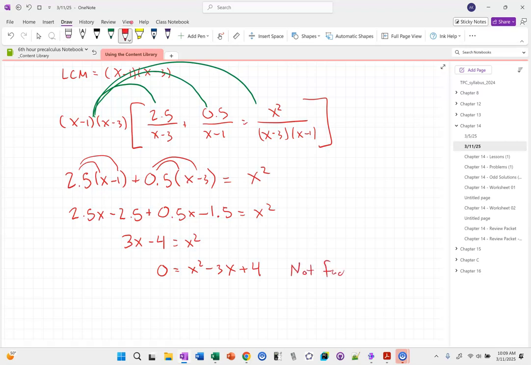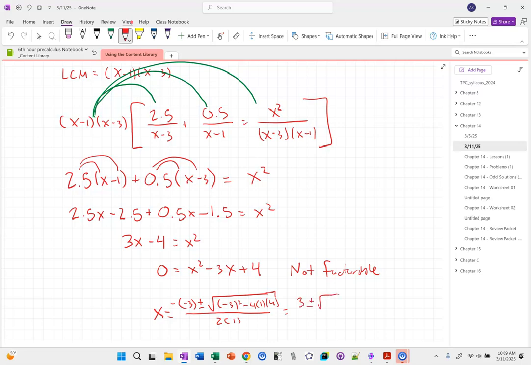Those don't work. That's not factorable. Oh no! What do I do? Yeah, I got to use the quadratic formula. Oh, brother. That's okay.